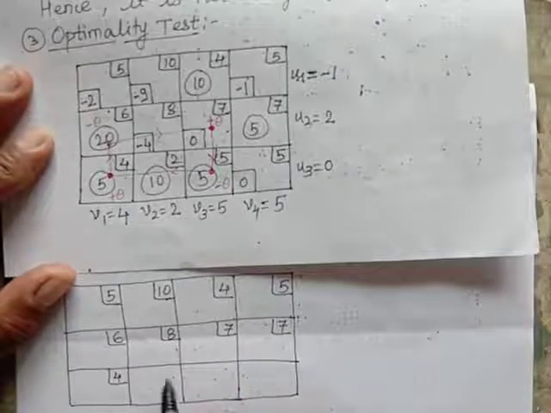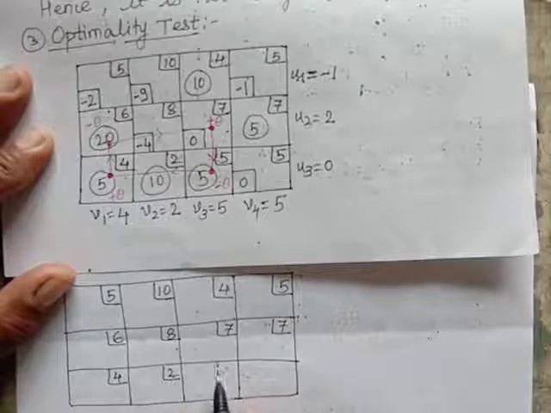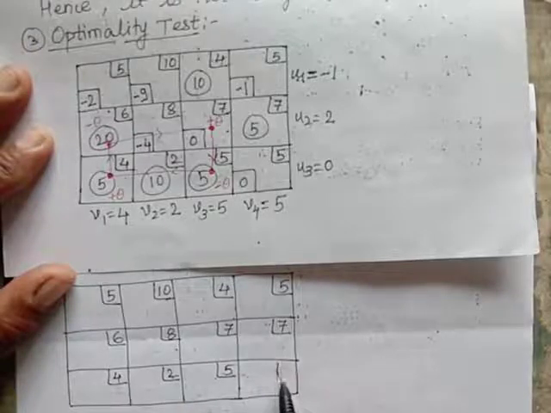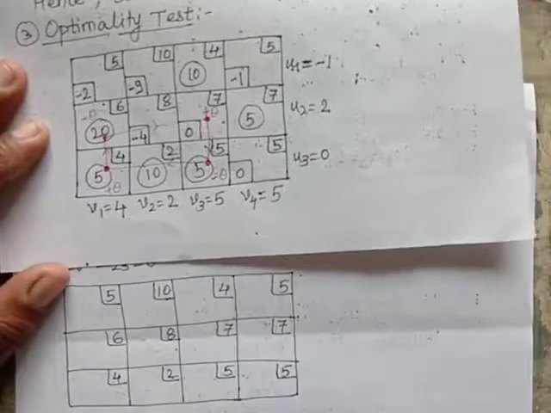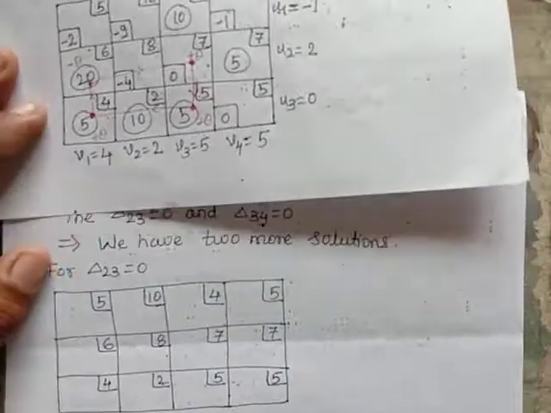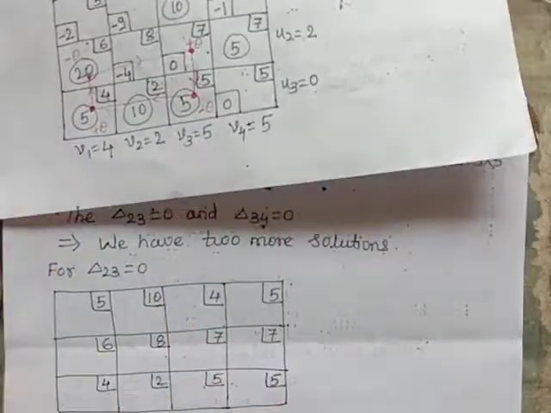So 4, 2, 5, 5. Now before going further, let me write here about the new allocation.